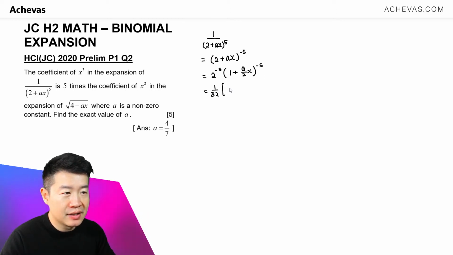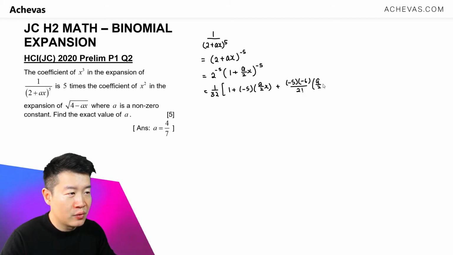And expanding this is going to be 1 plus minus 5 a over 2 x, then plus minus 5 times minus 6, divided by 2 factorial, then (a over 2 x) squared. Then finally, the third term, minus 5 times minus 6 times minus 7 divided by 3 factorial, then (a over 2 x) to the power of 3, and so on.